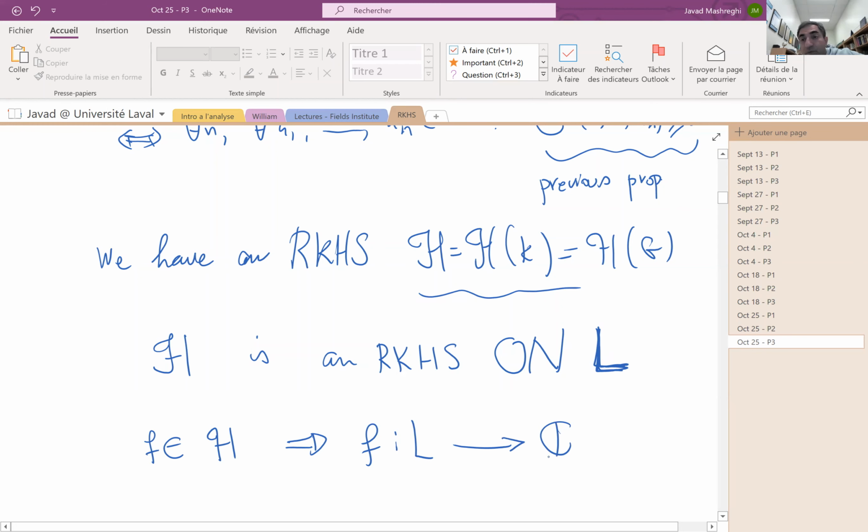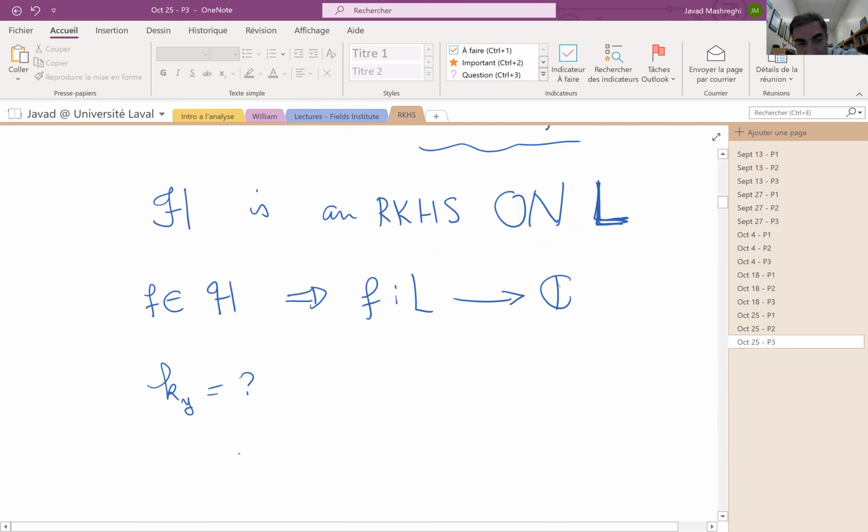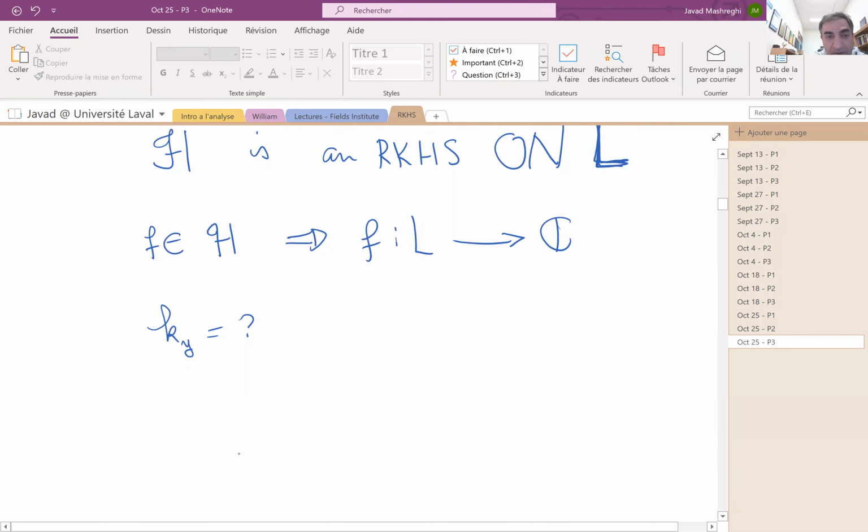We want to distinguish these functions. What are these? To start with, as in the Moore theorem, we try to see what are elements of H. So what is K_Y at point X?